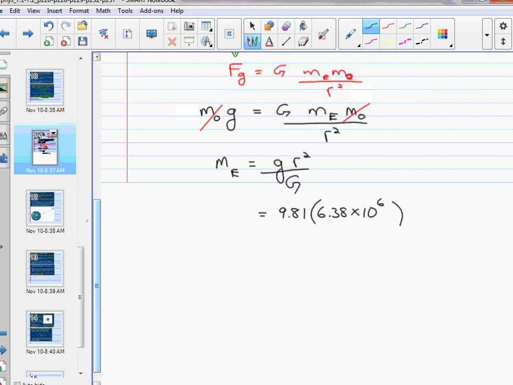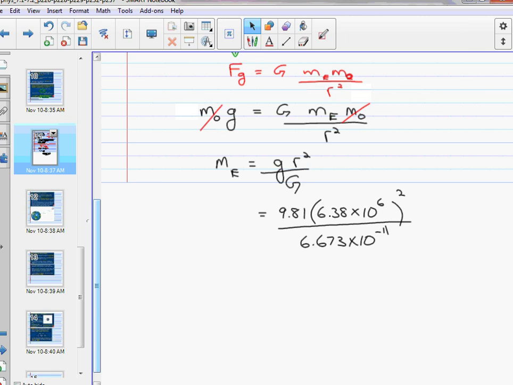Now that has to be squared, and now we need to divide it by 6.673 times 10 to the negative 11. Try that, now that you're experts at scientific notation. And I can help you later if you're not experts yet on your calculator and scientific notation.